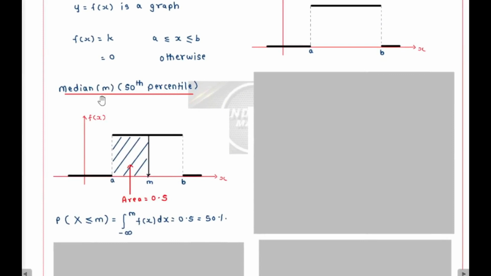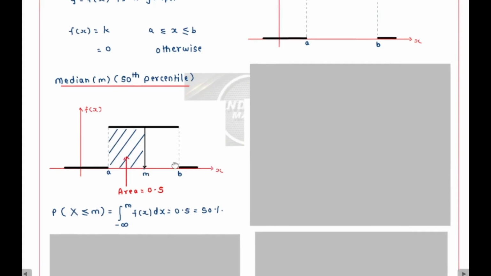It is that value of x to the left of which the area under the graph of y equal to f of x is 50%, or half of the total area of the f of x curve. So that means to the right of m also the area will be half. So it divides the graph of f of x into two equal parts, correct?